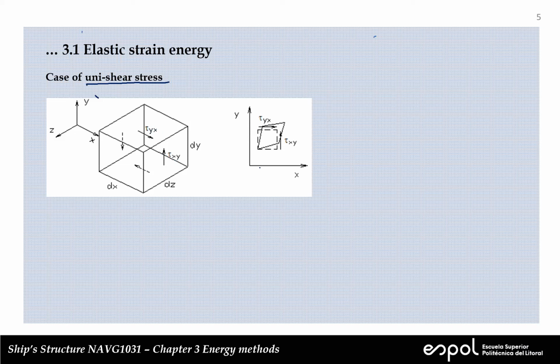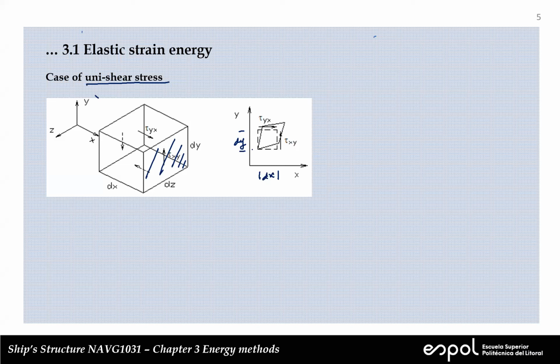Now, here, this is a transverse view. From here to here, this is the X, and from here to here, this is the Y. Now, if you multiply this, this is the area.